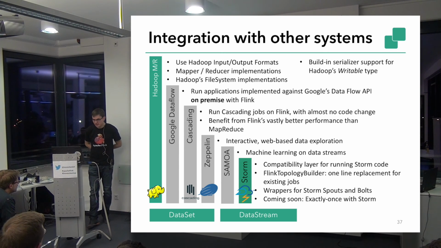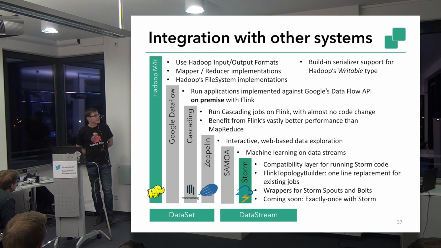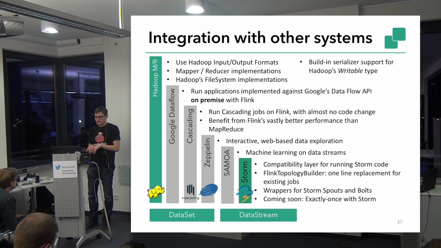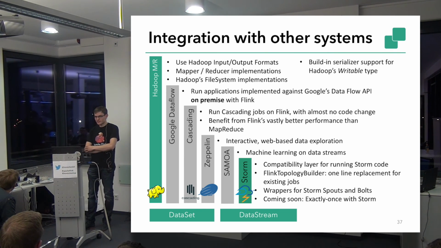So we can handle these types very efficiently in Flink as well. Then we can execute jobs implemented against Google's Dataflow API. Dataflow is an API that Google has published, and everything implemented against that API runs on Google's cloud. But you don't need to give money to Google, you can just download Flink and run the stuff on premise.